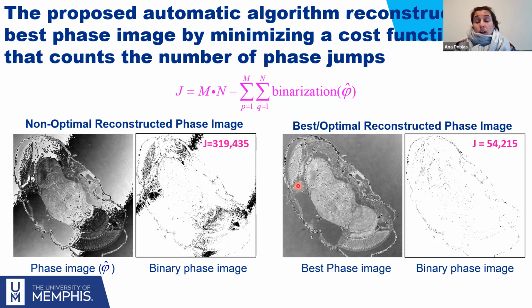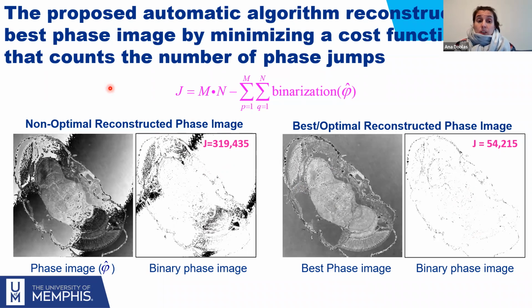So if we subtract the binary pixels from the total number of pixels, that needs to be 0. But since we may have some phase wrapping at the edges of the sample, we're going to count how many we have, and we're going to keep changing the values of Umax, Vmax until we get the minimum number of phase wrapping. And this is an example of how this is going to work.